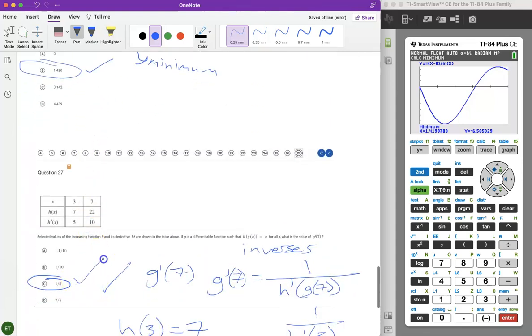This one, it's not going to be negative because there's no negative primes given, so we've already got a 1 out of 3 chance. You probably know it's the reciprocal of one of the derivatives given, so you probably already have a 1 out of 2 chance. Turns out it was C.